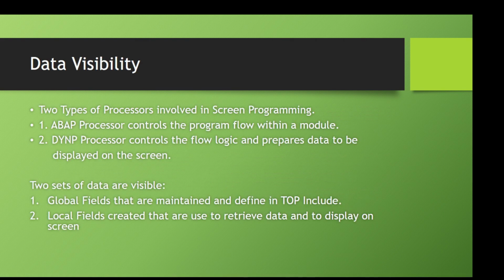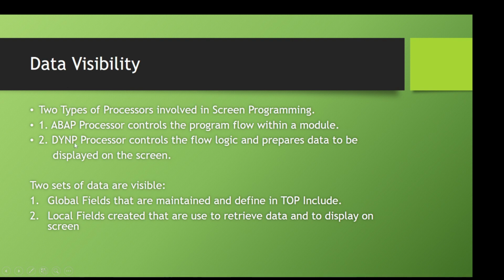So let's move on. Data visibility. Data visibility is also an important part of screen programming or module pool programming. So let's have a general overview of data visibility, and later we will create a program and explore data visibility practically. For now, let's discuss the two types of processors involved in screen programming.